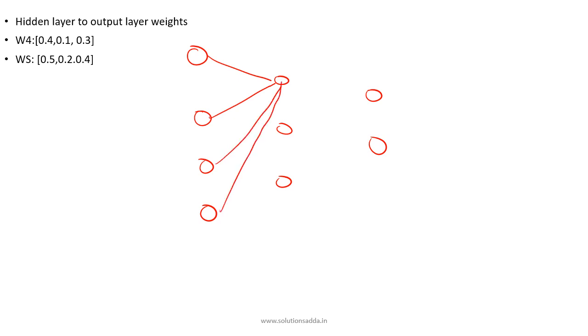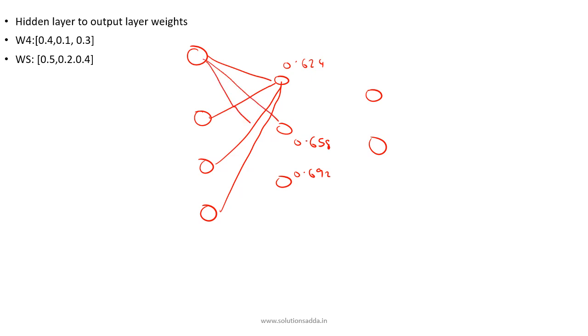The value of H1 is 0.624, this value is 0.658, and this value is 0.692. These are the three values.